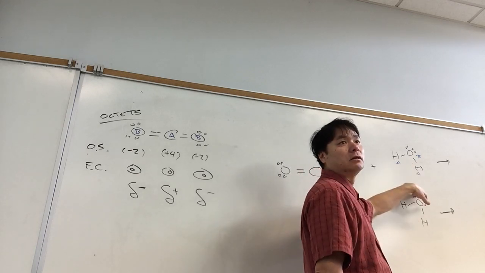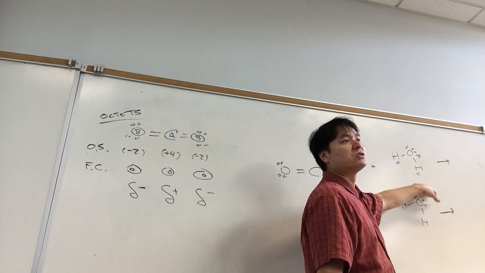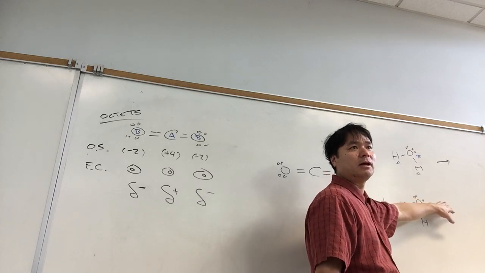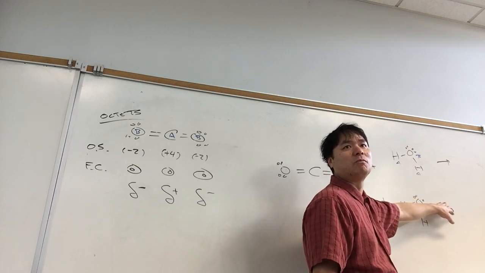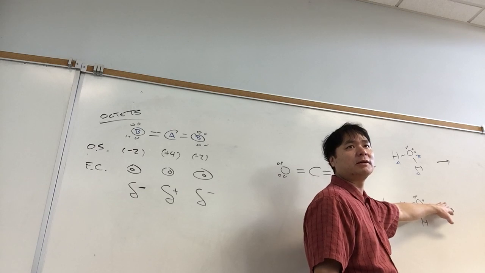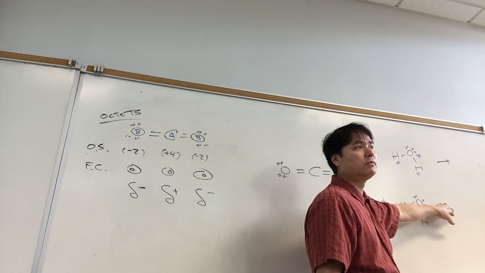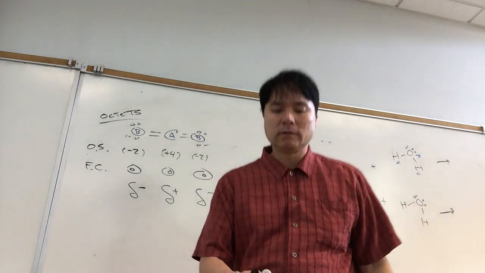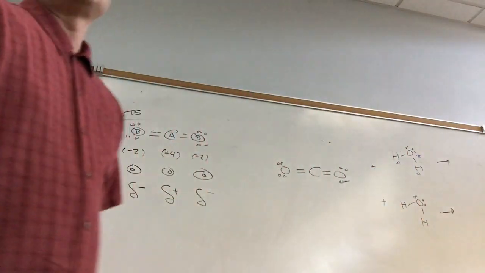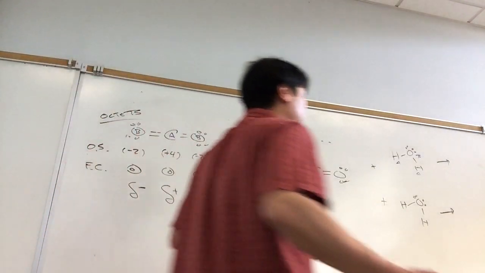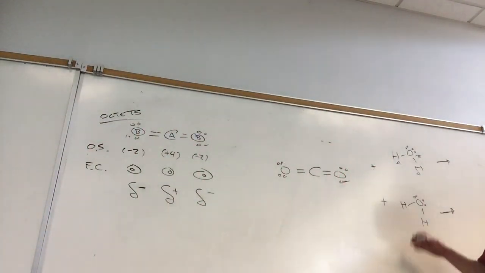Which one is it? We don't know which one it is. And so what you do is you do both of them and figure out which one leads to a more thermodynamically stable product, right? We're always going from less stable to more stable. And so it's just a coin flip until you get more experience, and then you can automatically do this usually.